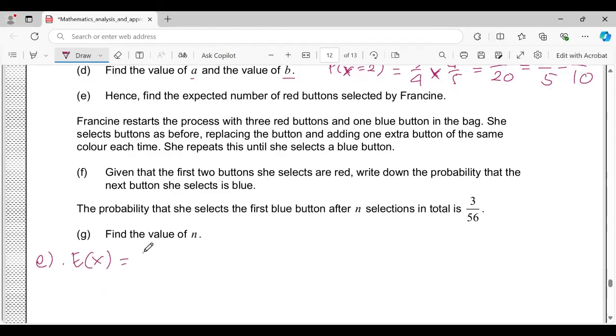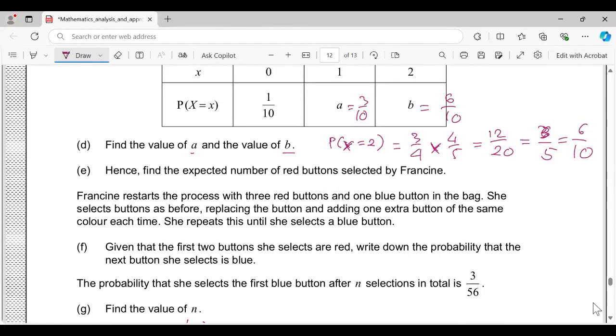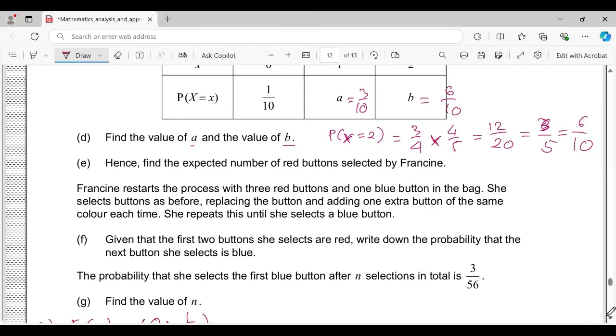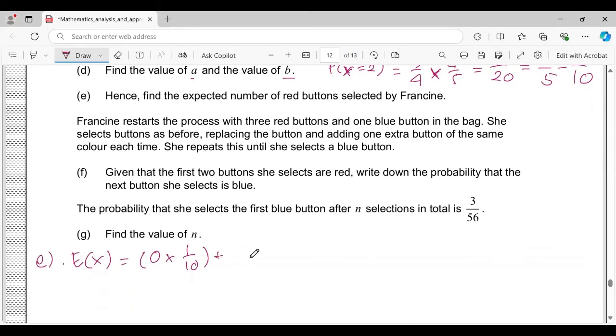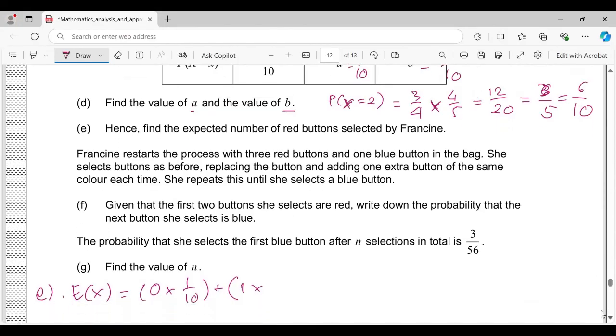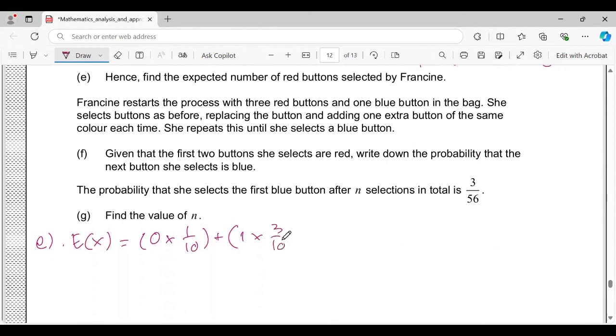It is 0 multiply 1 over 10 from the table, this one, plus 1 times, how much just now? 3 over 10 and 6 over 10. 3 over 10 to multiply 6 over 10. 0, 3 over 10 plus 12 over 10. So 15 over 10, 3 over 2 this.